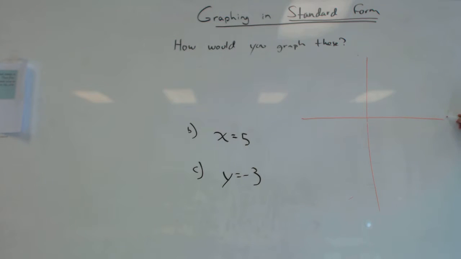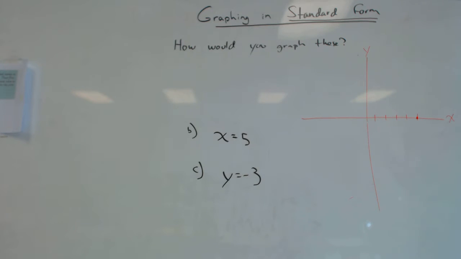This one, right? Straight across. Here's my x-axis. Here's my y-axis. So where would x be 5? Just 5 across. Yeah, 1, 2, 3, 4, 5. So we can all probably agree that that has to be a point on our graph, right? Yeah. That's where x is 5.